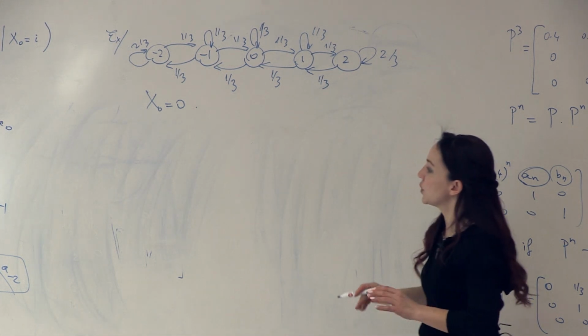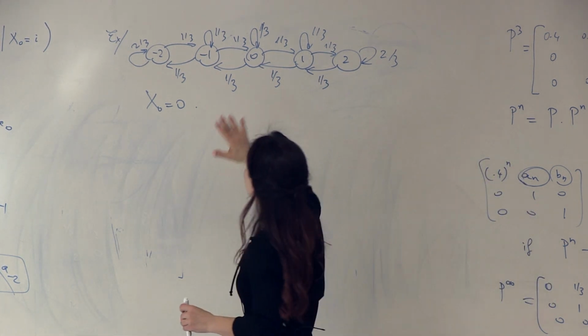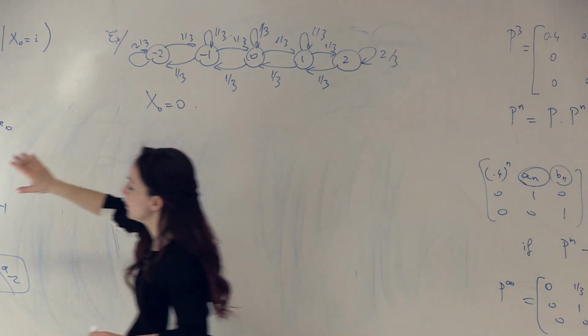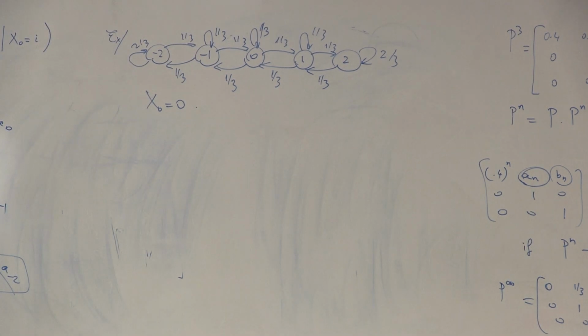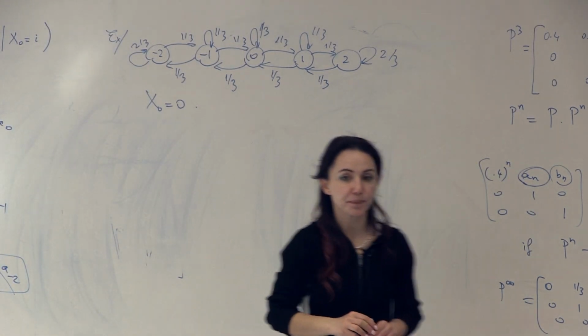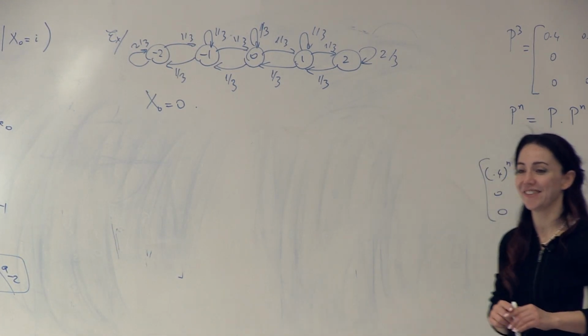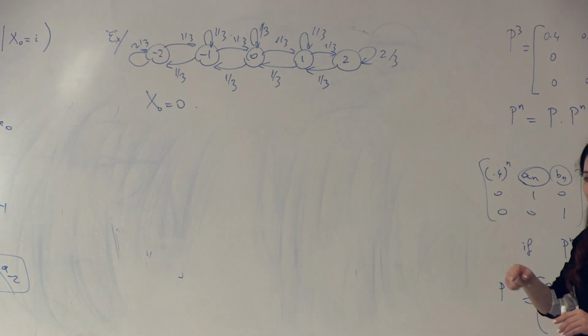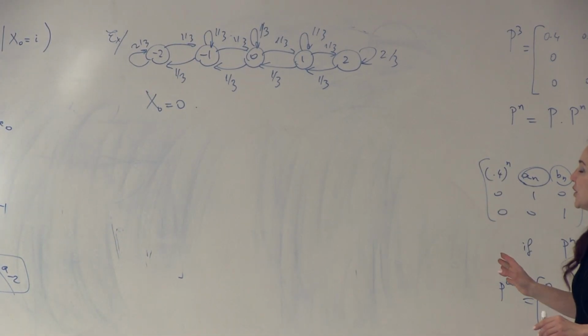Right. So what is the difference of this Markov chain from the modified Markov chain I made up for the previous problem? There is no absorption. Very nice, Melis. No absorbing state at all.